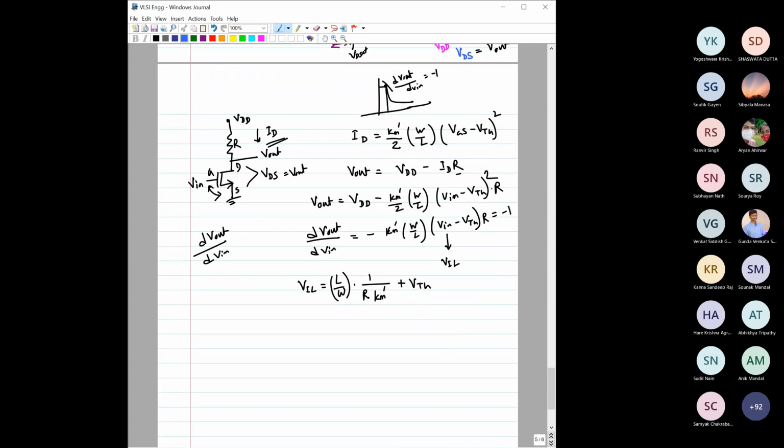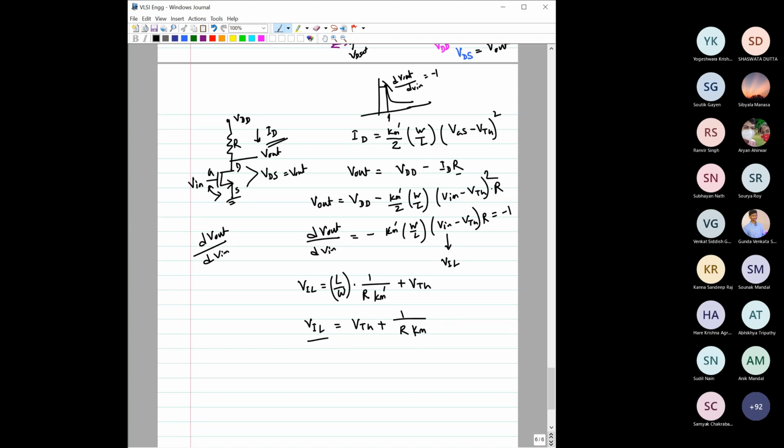So can I write this one as VIL equal to VTH plus 1 by R Kn, right? I can write it in this way. Yes, sir. Okay, fine.